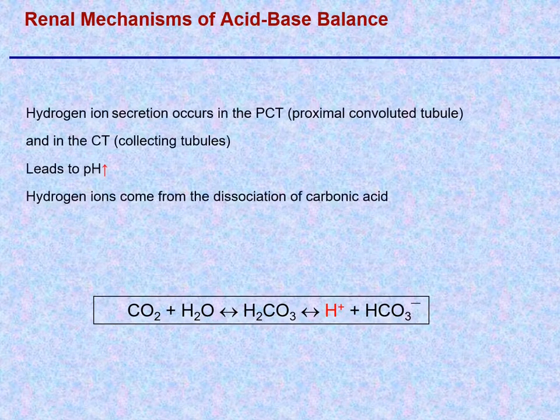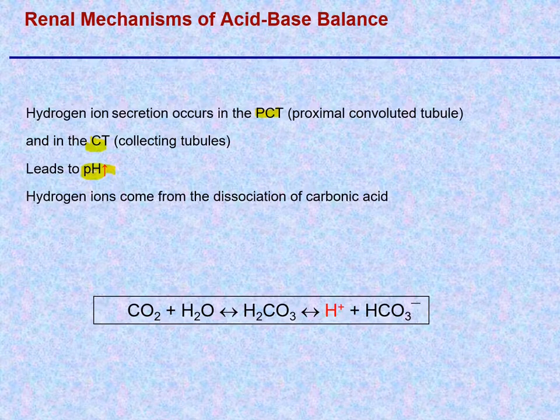So we're going to spend quite a bit more time looking at renal mechanisms of acid-base balance, which is why this topic is covered in renal physiology. Now, hydrogen ion secretion does occur. It can occur in the proximal convoluted tubules, and it can occur in the collecting ducts. If you have increased secretion of hydrogen ions, it'll lead the pH to rise back up into a normal range.